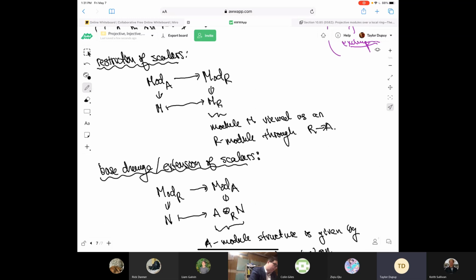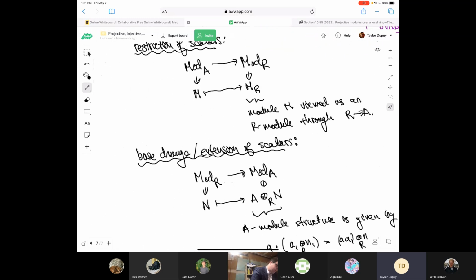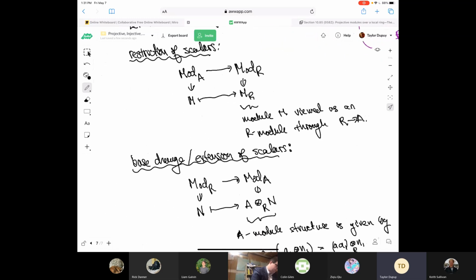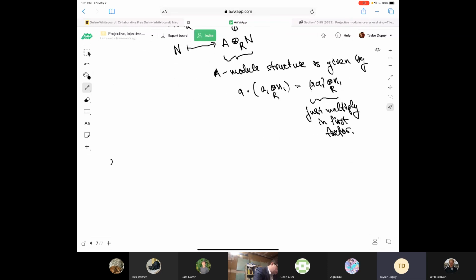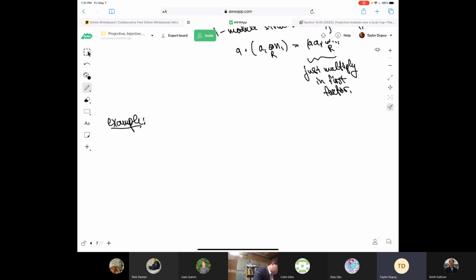Okay, so maybe I can give an example for both of these. Let's take C. So C is an R algebra.